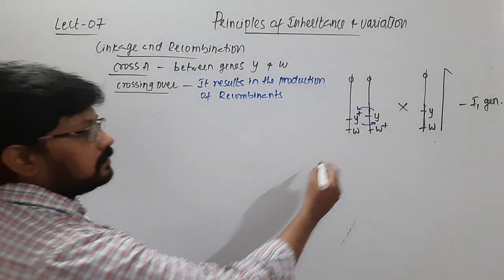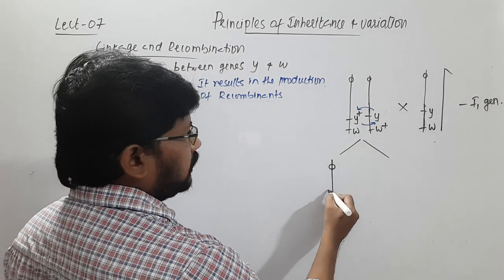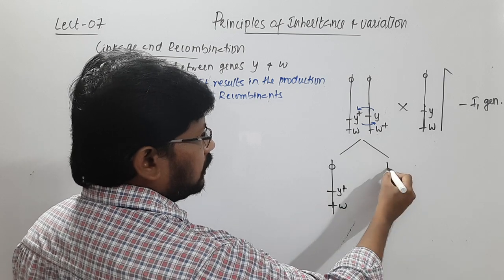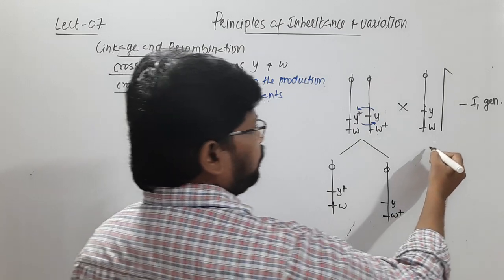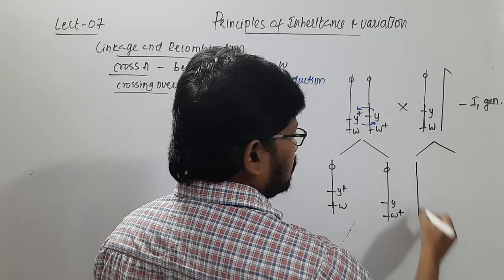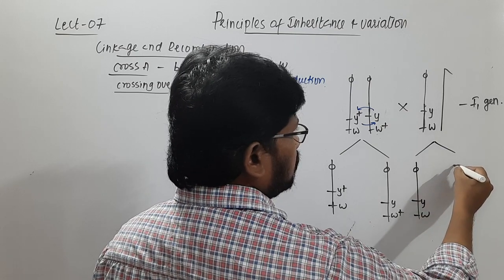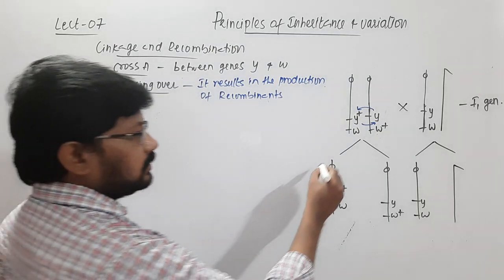Now we'll see the gamete formation here. So we have Y plus, here W, and this is Y W plus, and in this case Y W. So these are the gametes we get.